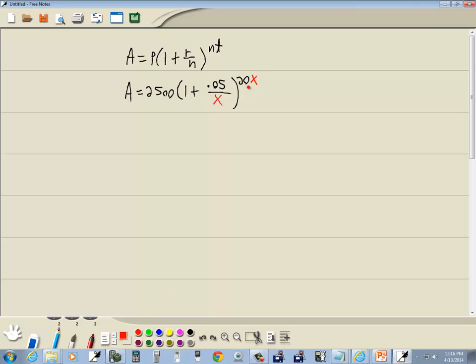Okay, so our N is what's going to change on these. Now when I plug this in my calculator, since I have more than a single number or single variable in my exponent, I want to put parentheses around it. So I put parentheses around 20X. Let's go do that first.